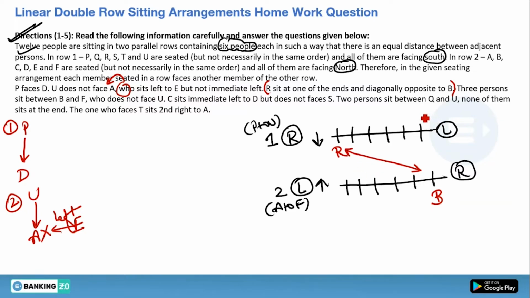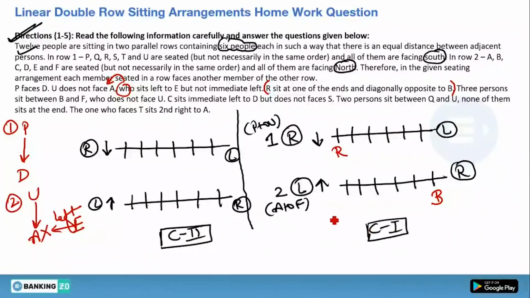Similarly, R can come on the left end of the south facing row, then B will go on the right end of the north facing row. Then only it will be diagonally opposite. But we are getting two possibilities, so we have to make another diagram and start solving it.